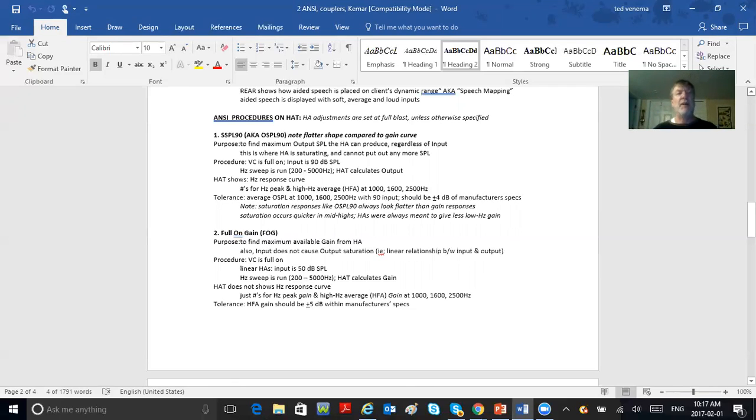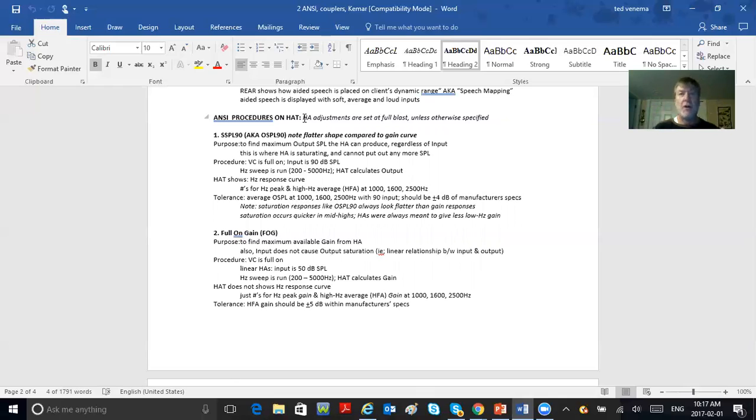Anyway, looking at 5 ANSI procedures on what's called the hearing aid test box, or the hat box. We're just going to get started on these, but we won't finish this today. But always remember, ANSI equipment is the same piece of equipment as real ear.